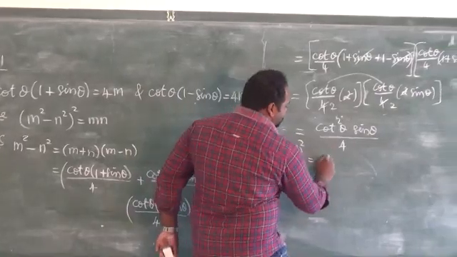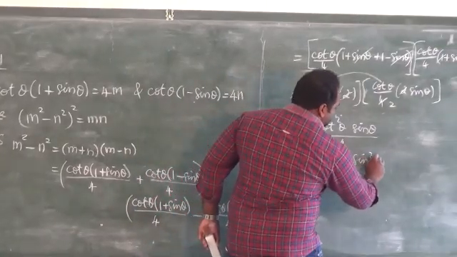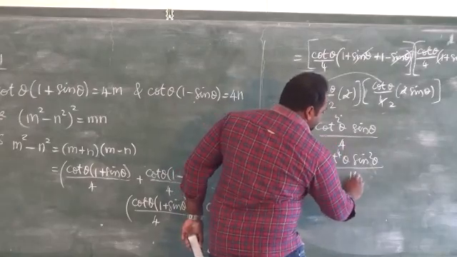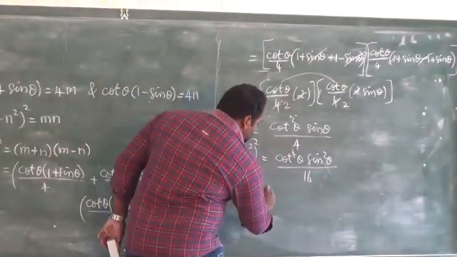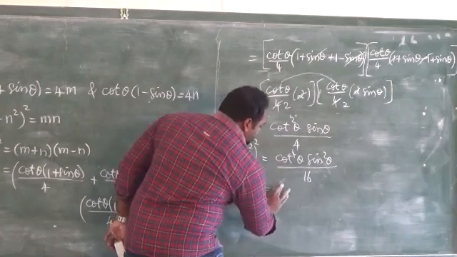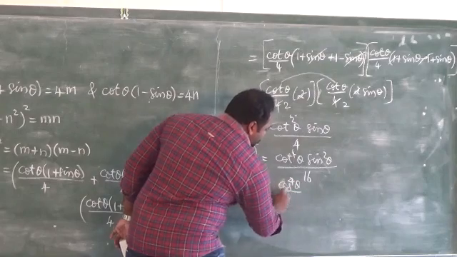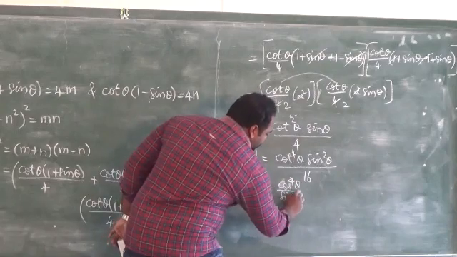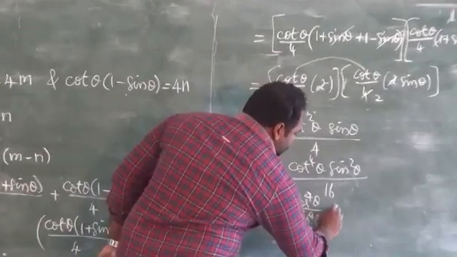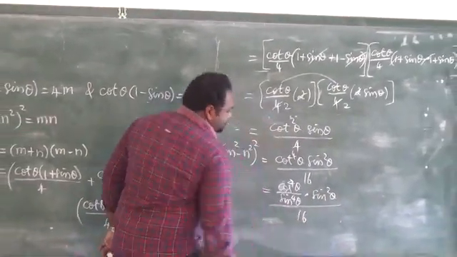If you square this one, cot power 4 theta into sin square theta by 4 square is 16. Next, cot power 4 can be written as cos power 4 theta by sin power 4 theta into sin square theta, whole divided by 16.